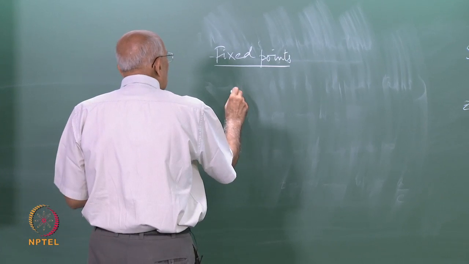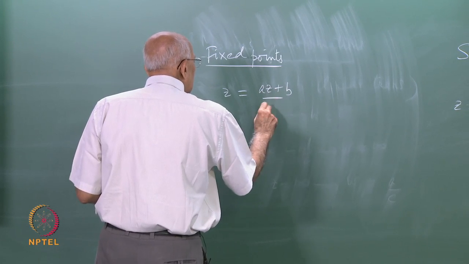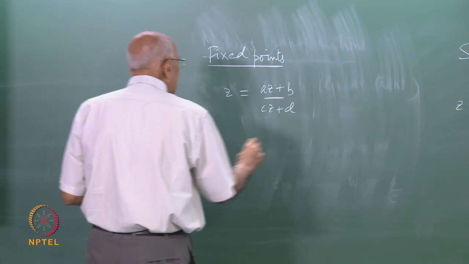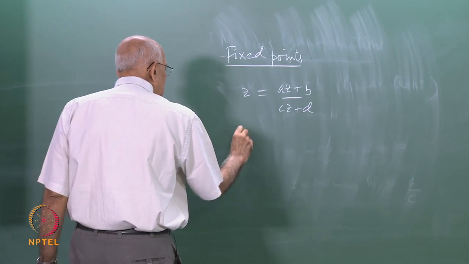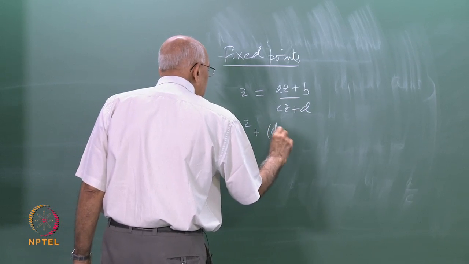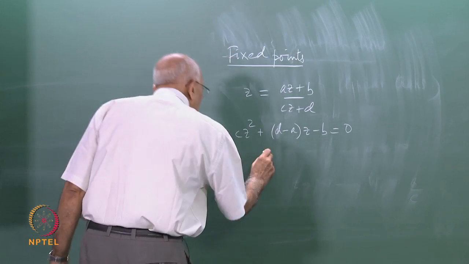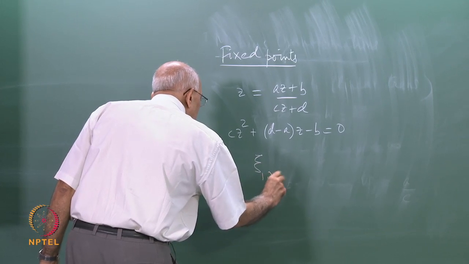So they must be solutions of this equation Z equal to AZ plus B over CZ plus D, or CZ squared plus D minus A Z minus B equal to 0. So let us call the roots xi1, 2.